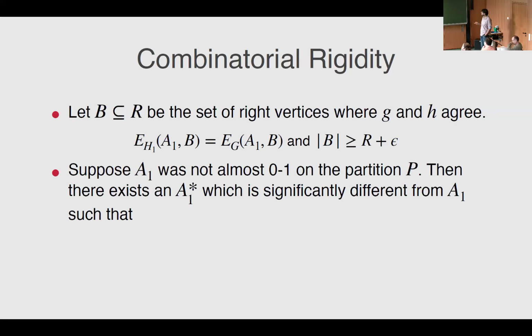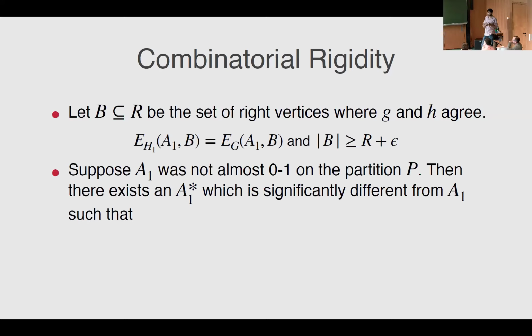So suppose A1 was not almost 0, 1 on the partition B, then there would exist some A1 star, like say, there was some part where A1's density was 0.5. Then I can pick an A1 star that looks somewhat different from A1 while still having the same density under that partition.